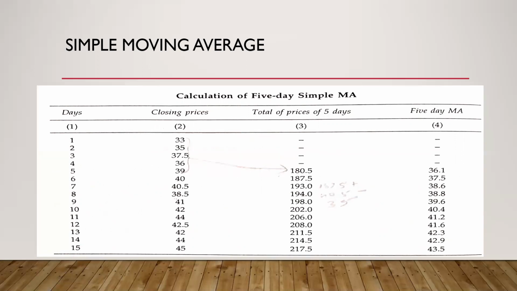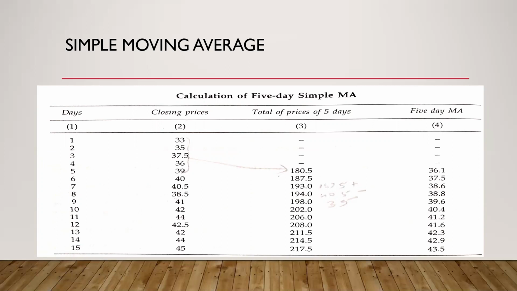Now we are going to find out the 5-day simple moving average. In order to do that, we add the prices of the first 5 days together and show it in the third column. That is 33 plus 35 plus 37.5 plus 36 plus 39, which gives you 180.5. Because it is a 5-day simple moving average, we took the first 5 days' prices and showed it in the fifth row.